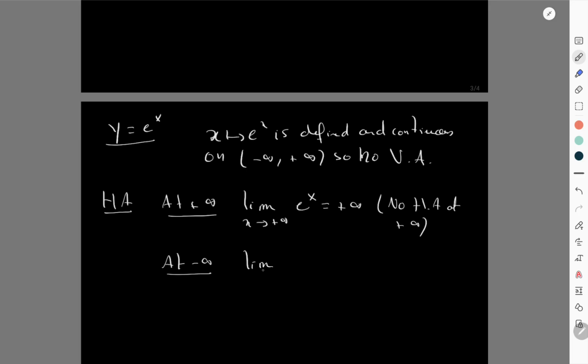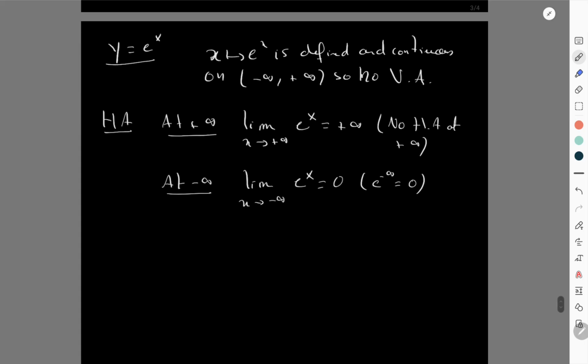The limit as x goes to minus infinity of e to the x is 0. Why is that? Because e to the minus infinity is 0. Of course, I don't like to write it this way, but that's fine. So the line y equals 0 is a horizontal asymptote to y equal e to the x at minus infinity.